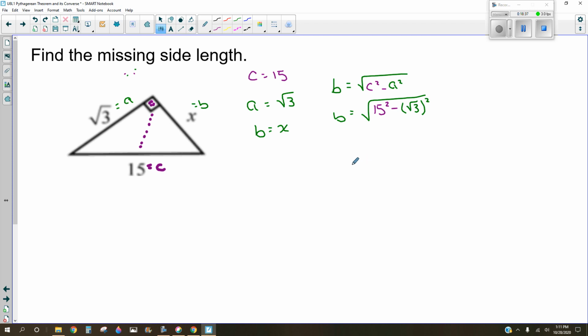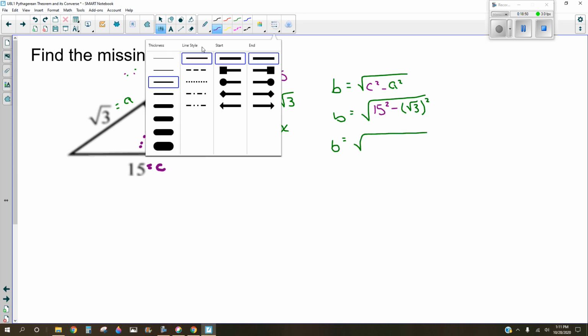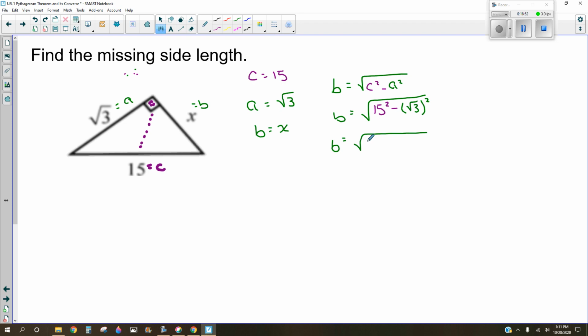Okay, so if I want to look at this specifically, I could type this right into a calculator, keep the parentheses there, they're important, right? But if I'm going to examine this just a little bit further, okay? Well, 15 times 15 is 225. Now, I'm going to square a square root.